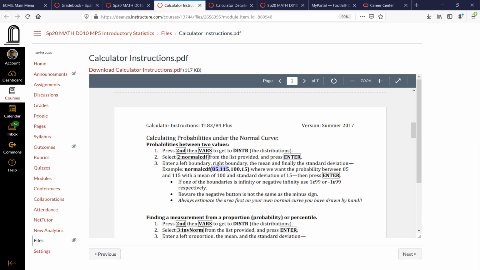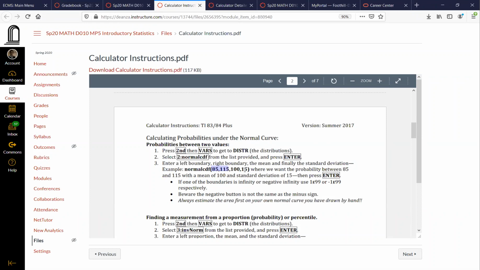Note that if one of the boundaries is infinity or negative infinity, we use 1E to the power 99, or negative 1E to the power 99. Again, in this example in the instruction, it gives you the area between 85 and 115 with mean 100 and standard deviation 15.